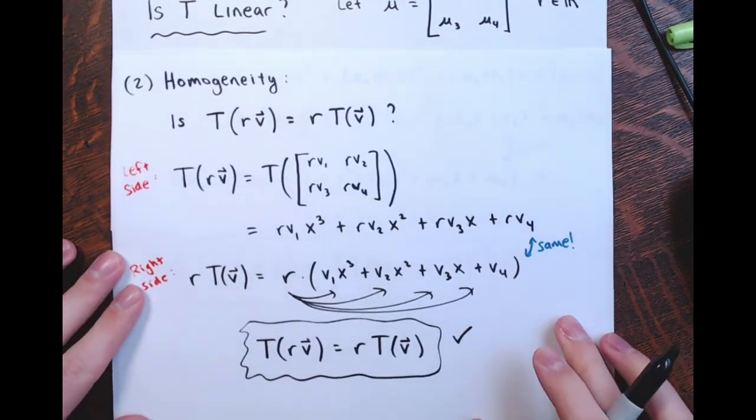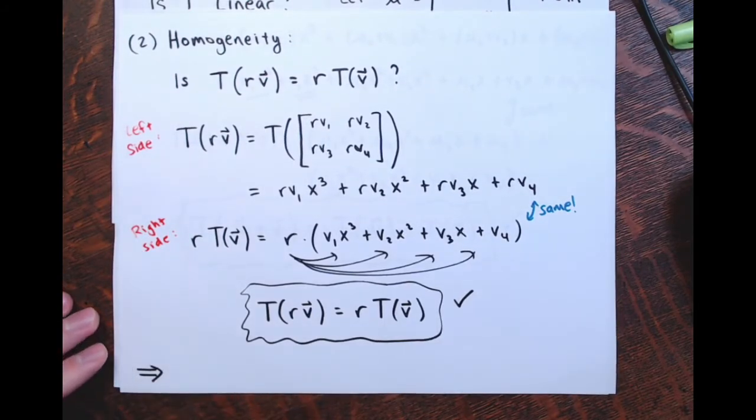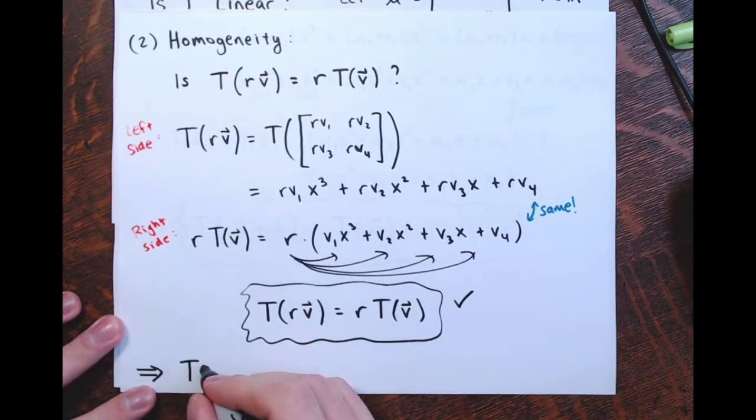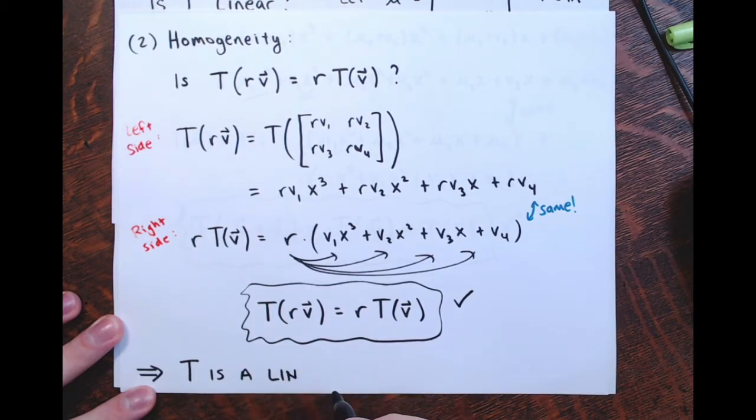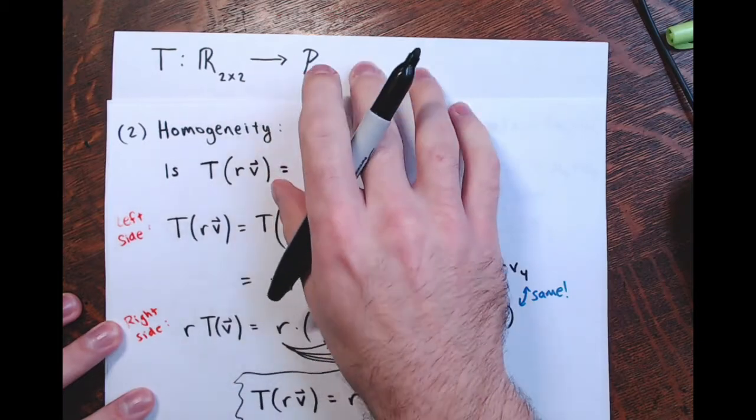And since both these properties hold, since additivity and homogeneity both hold, we would say that T is a linear transformation between these two vector spaces, R2 by 2 and P3.